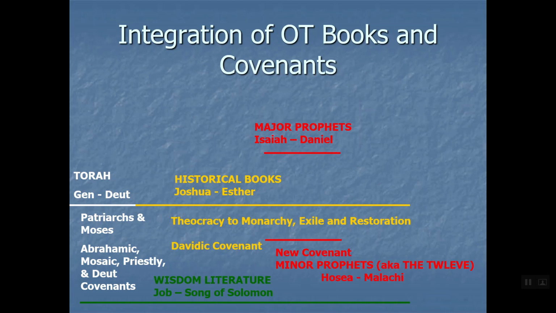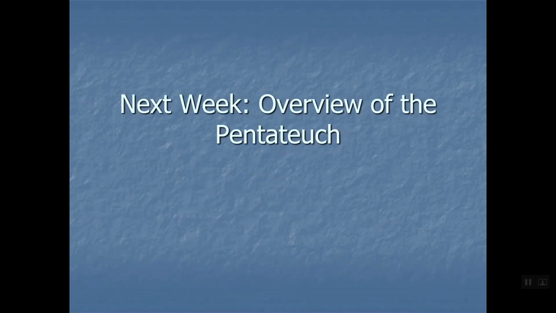Major prophets are longer, and the minor prophets are also known as the 12, Hosea through Malachi. They were written on one scroll. They were short enough that you could write all 12 books on a single scroll. And that's why they're called minor prophets as well. Just the length of their message was smaller.